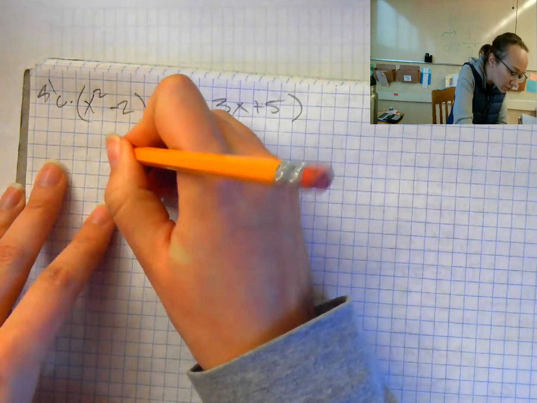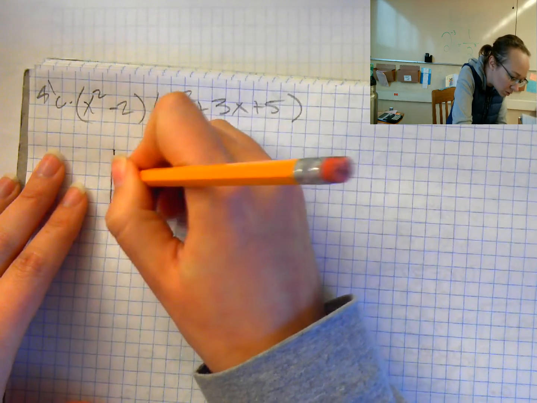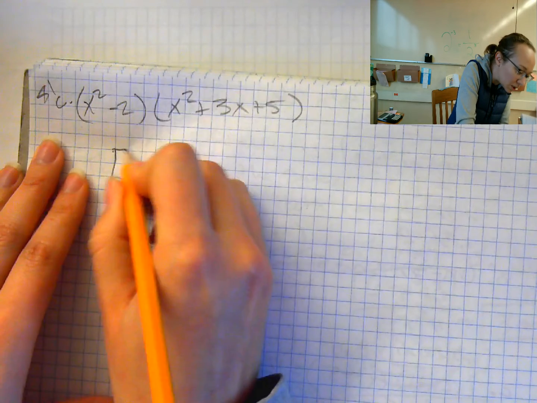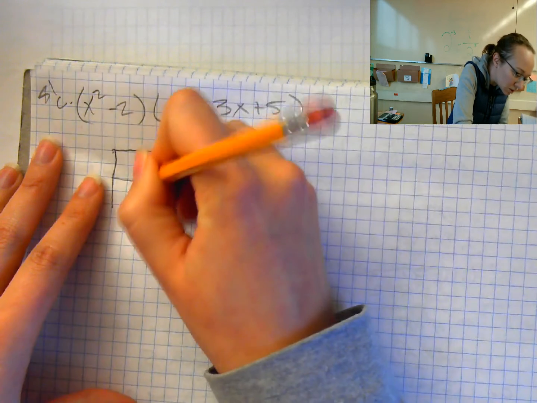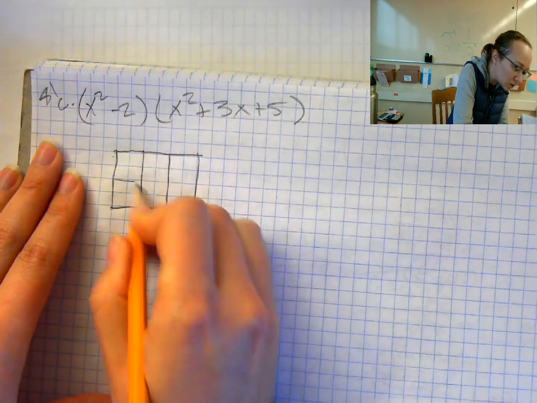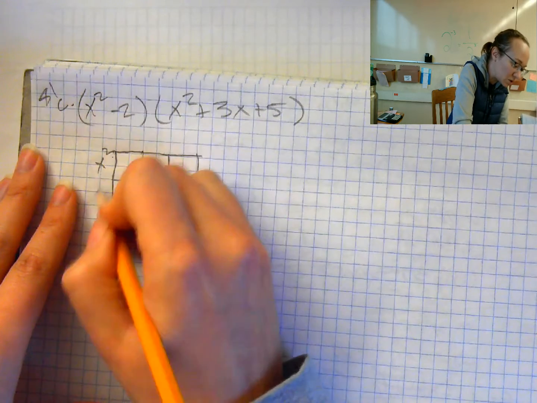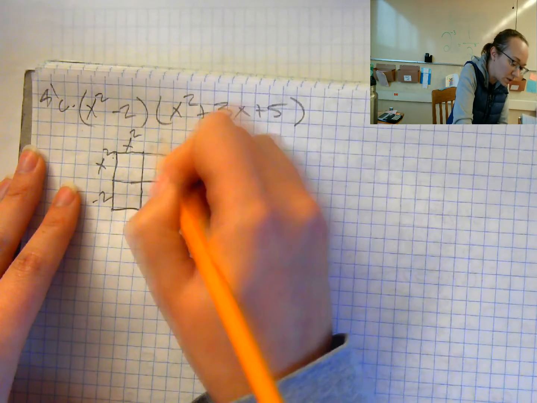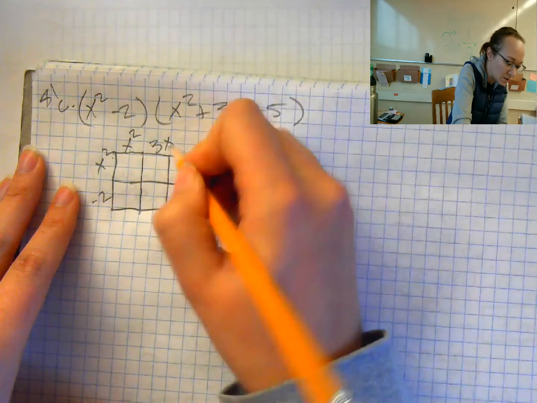So this one is going to be a 2 times 3. So x squared minus 2, x squared, 3x, 5.